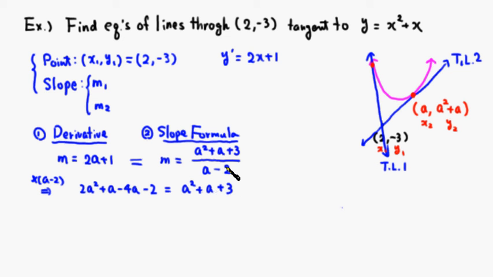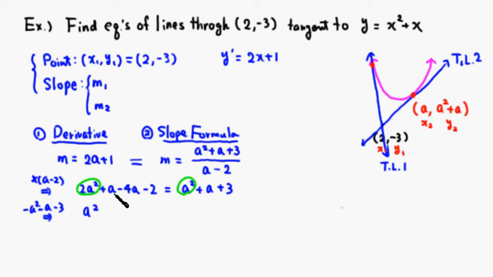Then I'm going to subtract the right-hand side from both sides, so I subtract a squared, a, and 3. You end up with 2a squared minus a squared, that's a squared.